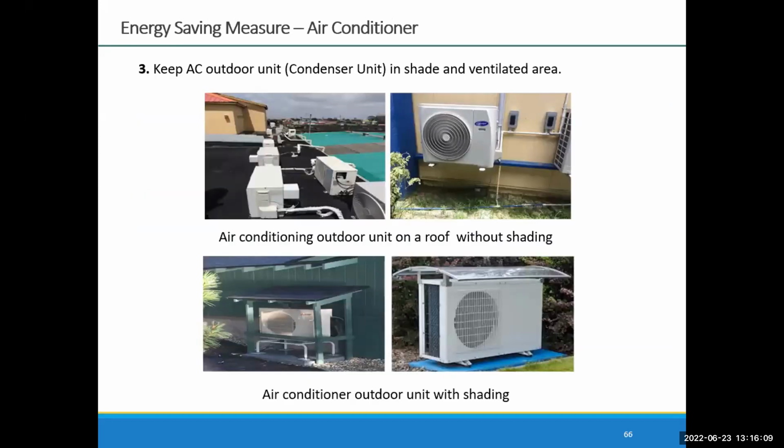One more opportunity is to always keep the outdoor units in a shaded and ventilated area, so that this measure also helps in reducing the withering of the system due to direct sunlight or the rainy season. And when you keep it in a shaded condition, the direct heating of the unit also comes down.